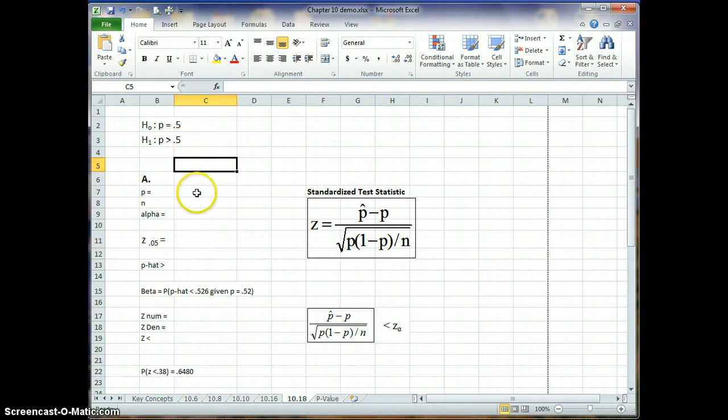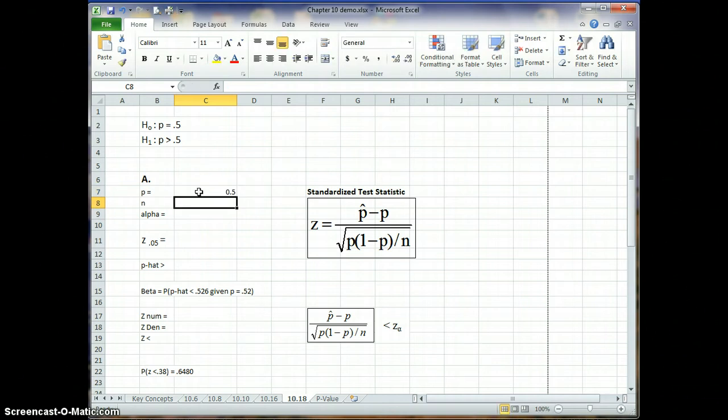First, you need to use a two-stage approach when calculating the type 2 or the beta error. In stage 1, you set up the rejection region in terms of what the book calls an unstandardized test statistic. This will make more sense once we do it, but just know that there's two stages.